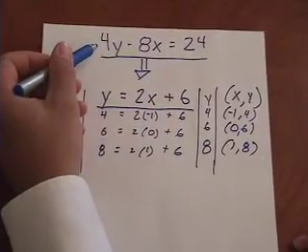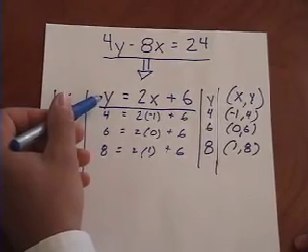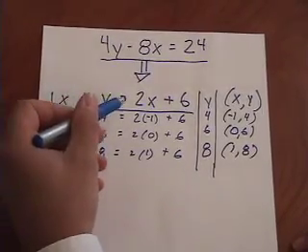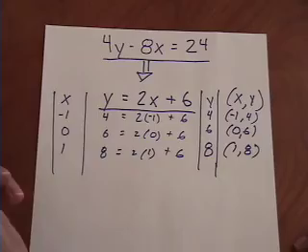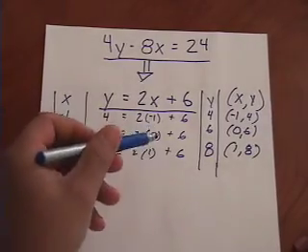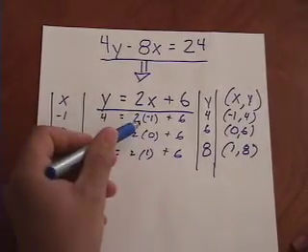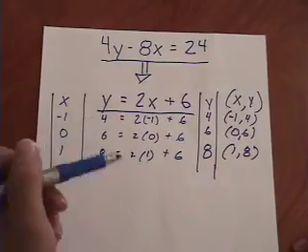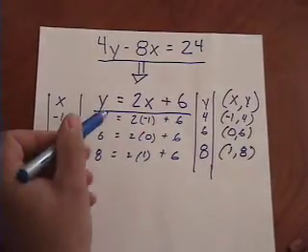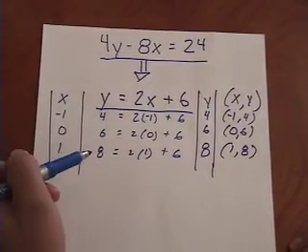Dusty? Buck. The third method is the table method, where you plot the x and y points to solve for the equation. Here I have the initial equation. Here I've simplified the equation to y equals 2x plus 6. If I plug in a random number for x, say negative 1, 2 times negative 1 is negative 2, plus 6 gives me a y value of 4.